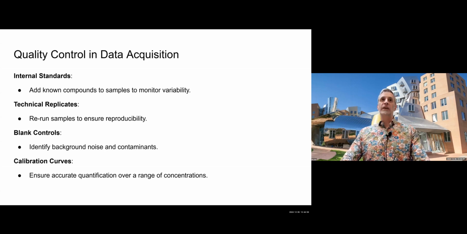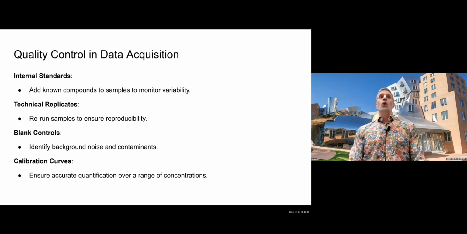Mass spec is fairly quantitative, because in many cases we're literally counting the number of molecules that we see. But, and we'll talk about this later, we are only seeing some of the ions, right? We might be seeing only the positive ions or only the negative ions in any one experiment.